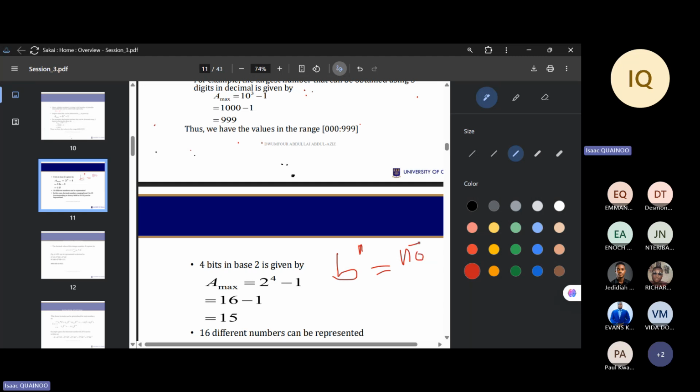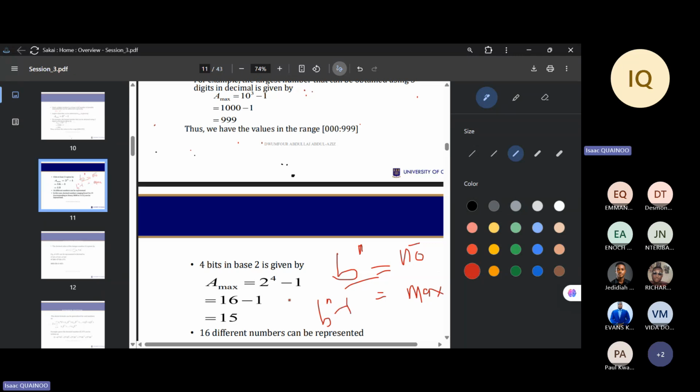But if you are supposed to find the maximum number that can be represented, we just subtract 1 from the number of representations, which gives us b raised to the power n minus 1.